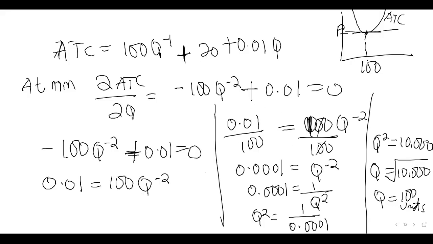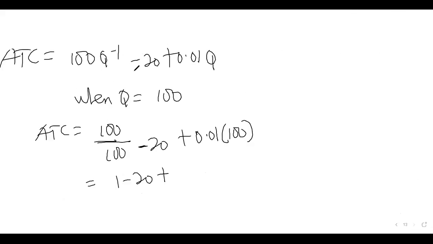Of course, it won't affect the final answer of 100 units, but it will affect the minimum of the average total cost. So the average total cost will be this plus 20. So plus 1, and this will give us 22.